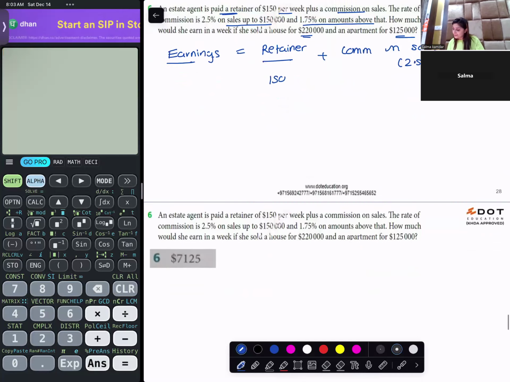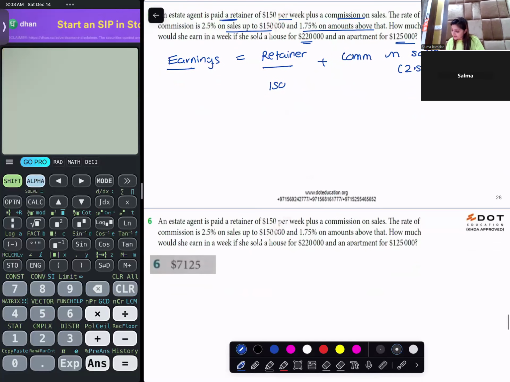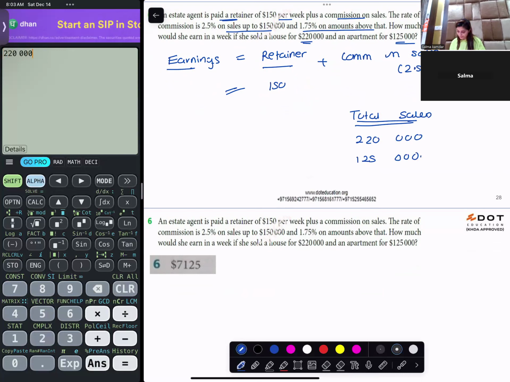Now here it is very important to note that she's going to get 150 per week for sure. But total sales is how much? Total sales is 220,000 plus 125,000, so the total sales is 345,000.